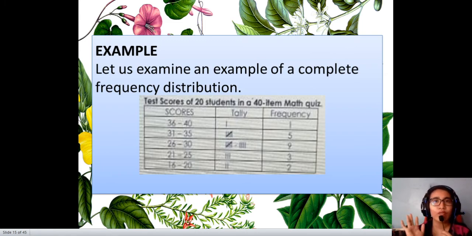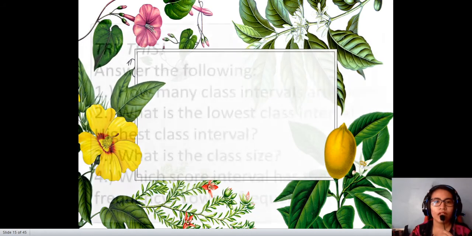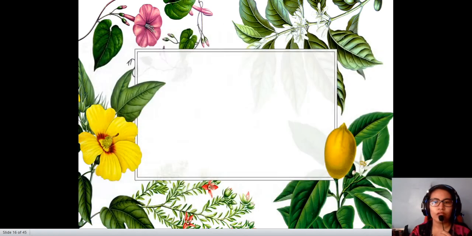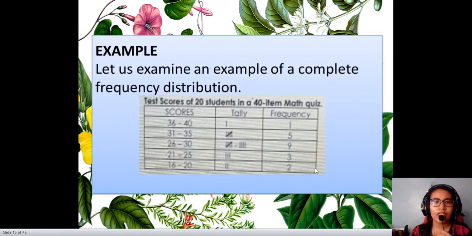So we have 5 class intervals. Next question, what is the lowest class interval? Highest class interval? Lowest class interval is 16 to 20. Highest class interval is 36 to 40.